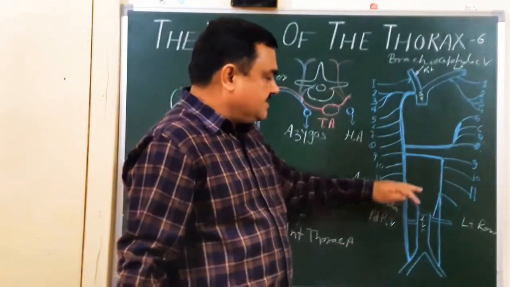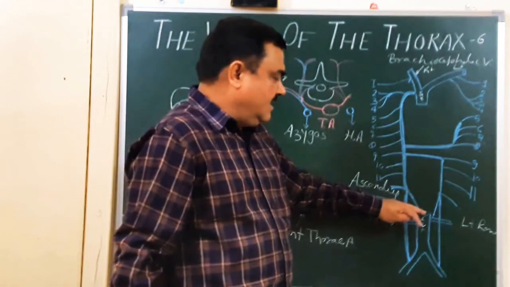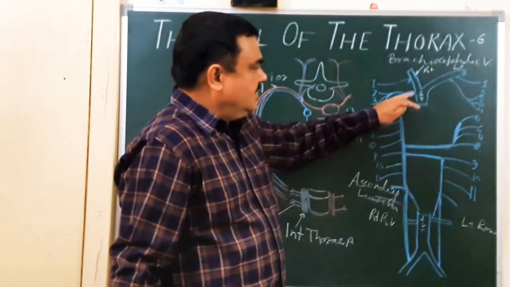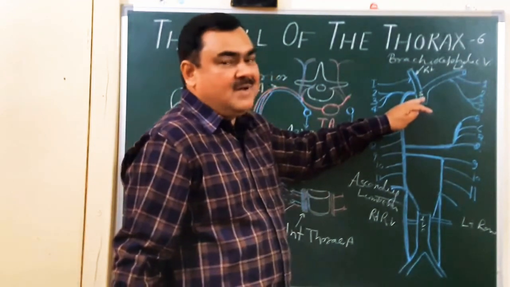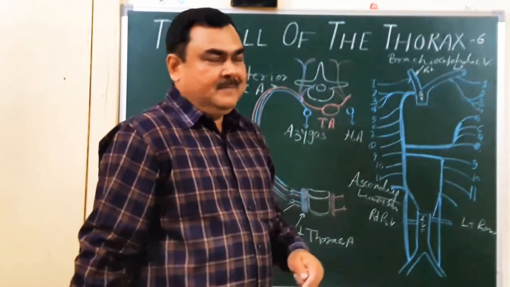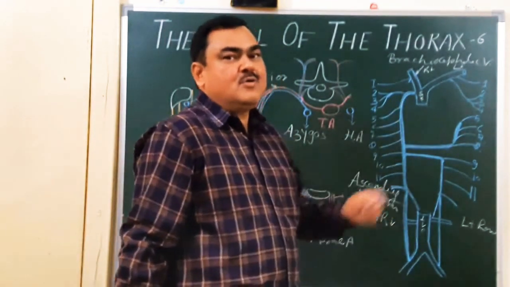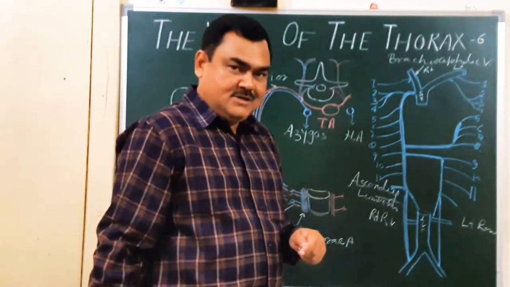In case of obstruction of the inferior vena cava, another condition, the blood from here reaches through this azygos vein into the superior vena cava, then into the right atrium. So in case of obstruction, this channel provides an alternative pathway for blood circulation.